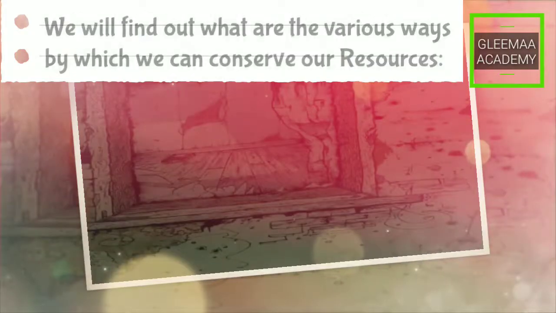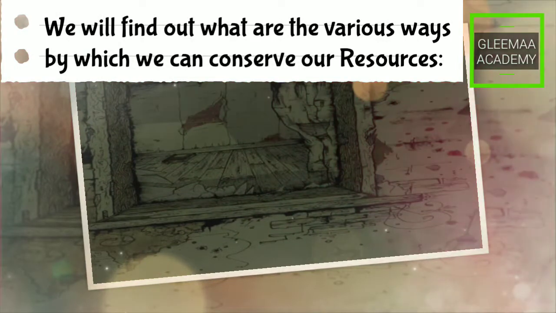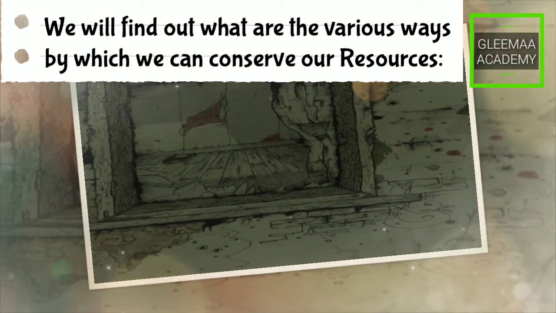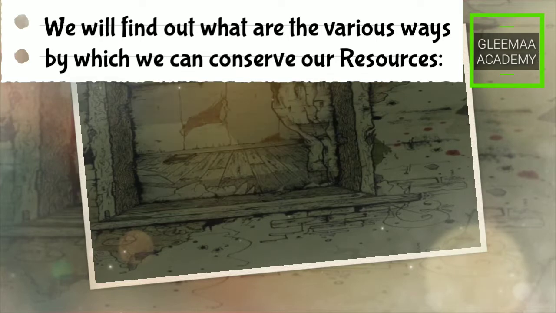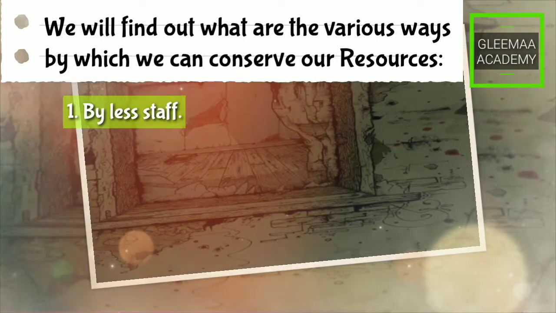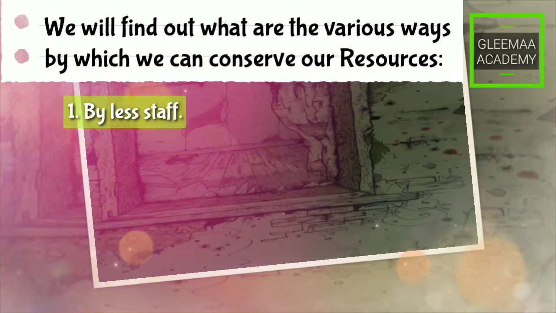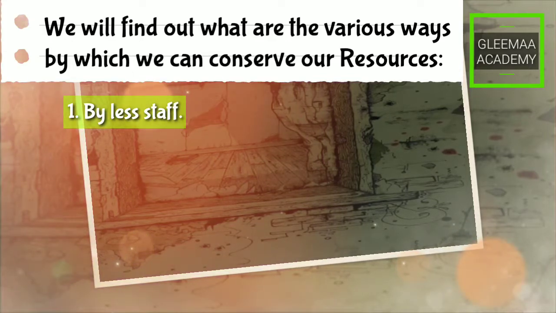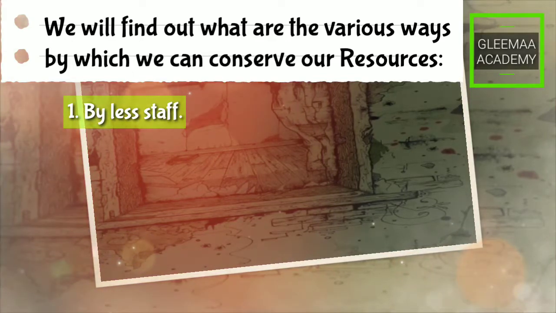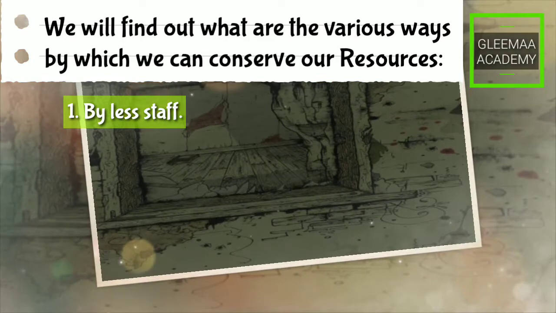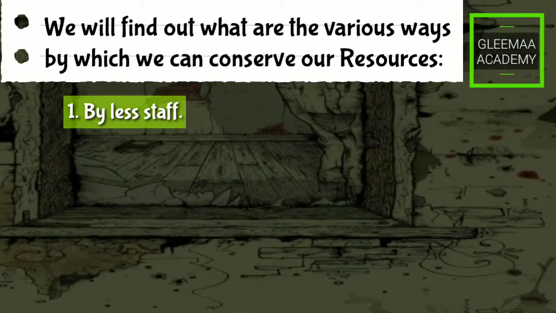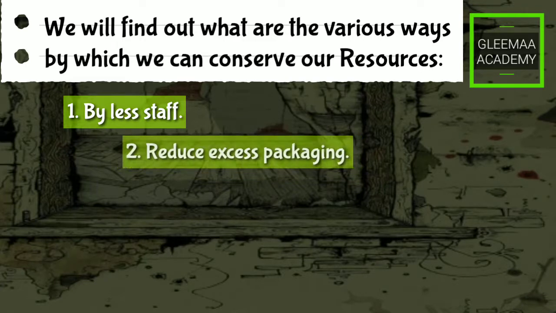And lastly, we will find out the various ways by which we can conserve our resources. Number 1, buy less stuff, that is, use items as long as you can and ask yourself if you really need them. Number 2, reduce excess packaging.